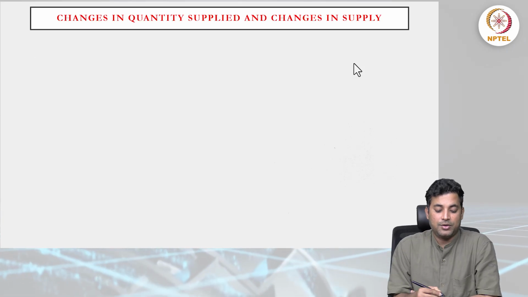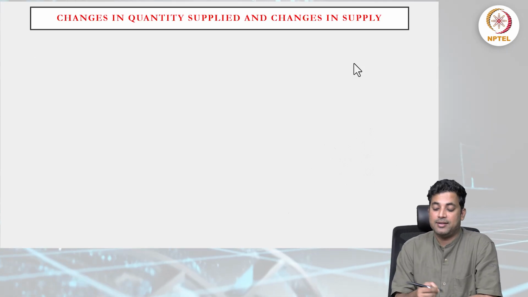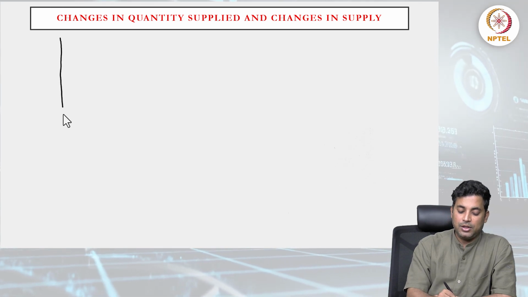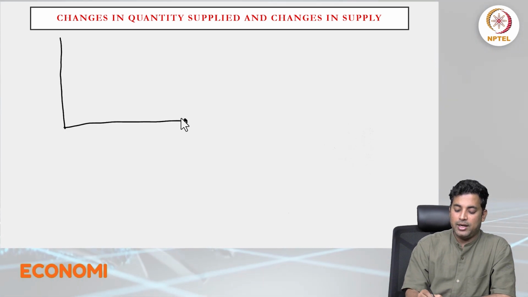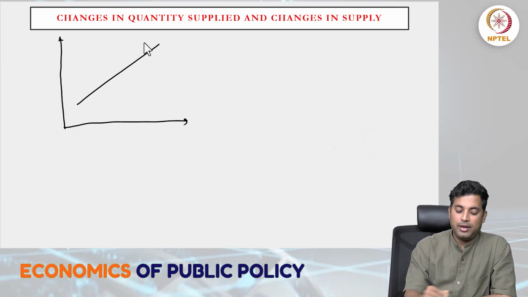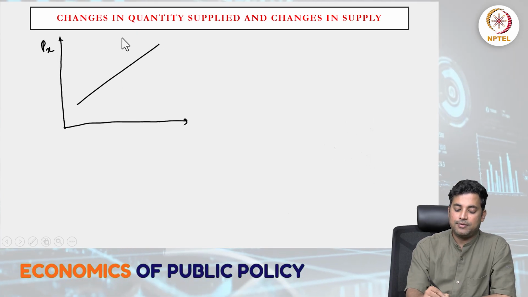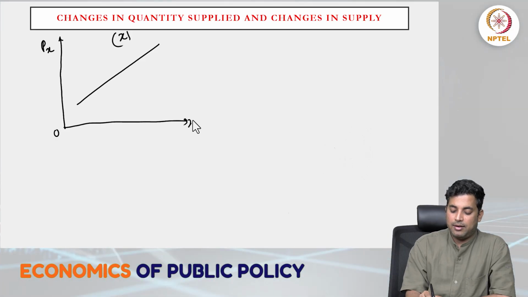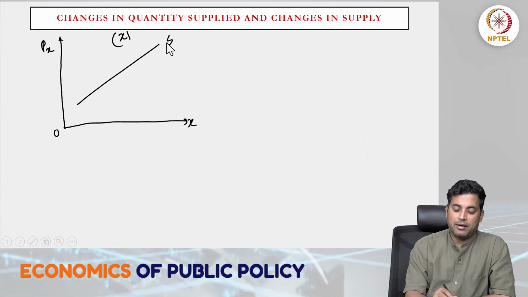Let's see what are changes in the quantity supplied and changes in supply. The way we had shown in the case of demand, here also we have Px for the commodity X, and X on the axis, and this is the supply curve.